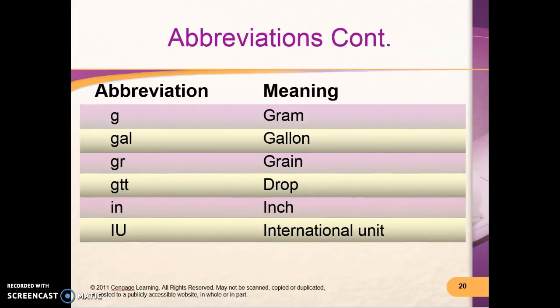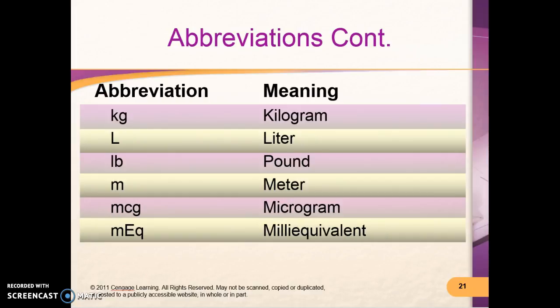Here's another few. Grain, GR, is not the same as gram. So make sure that you realize that whenever it's GR, it's grain and not gram. The grain is part of that apothecary system. GTT is drop, so that's another one that might be something that you're not as familiar with. MCG is microgram, whereas just MG is going to be milligram.